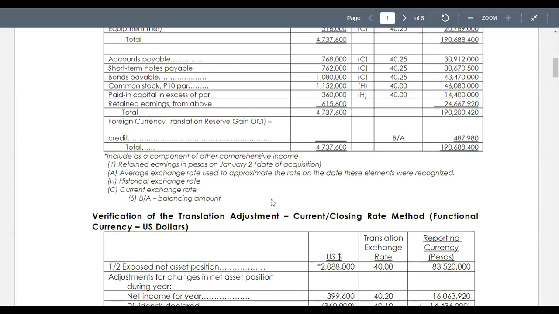Again, buildings 0.26H, depreciation expense is also 0.26H.